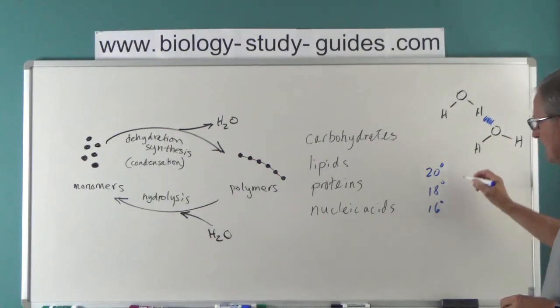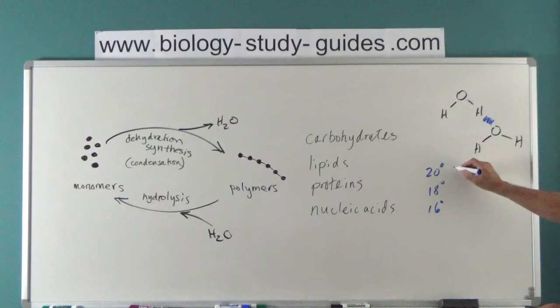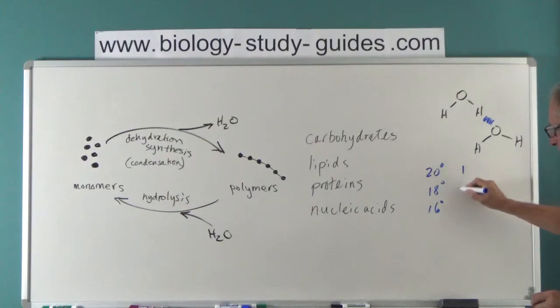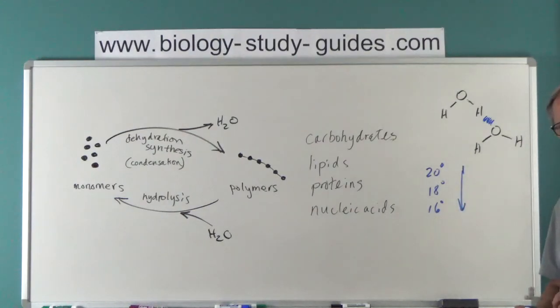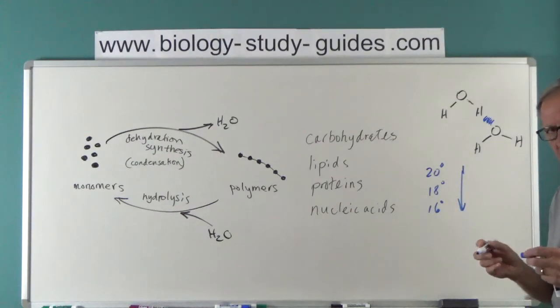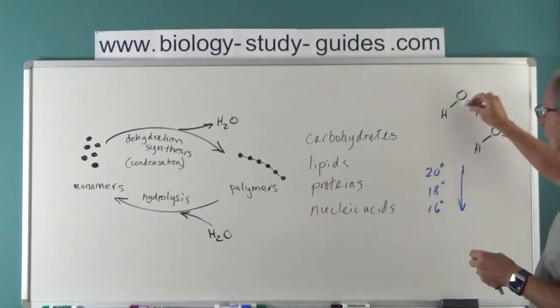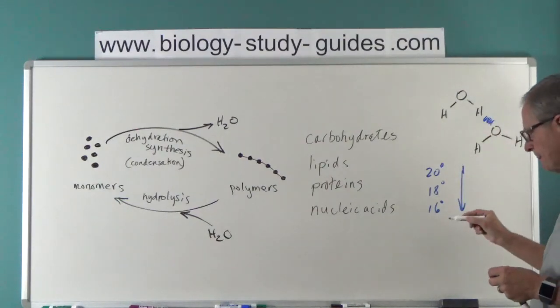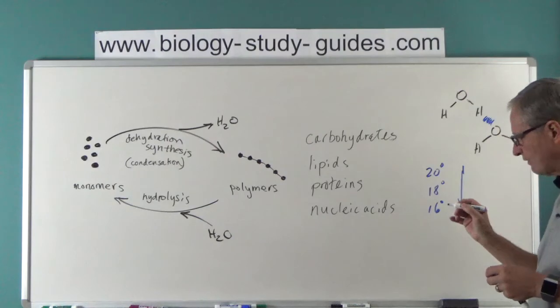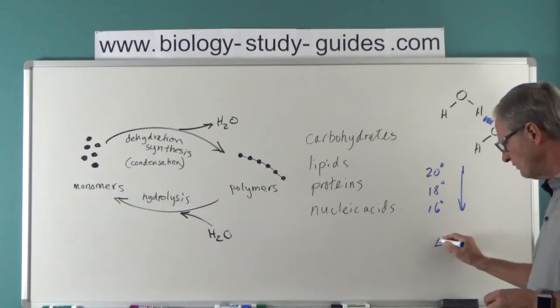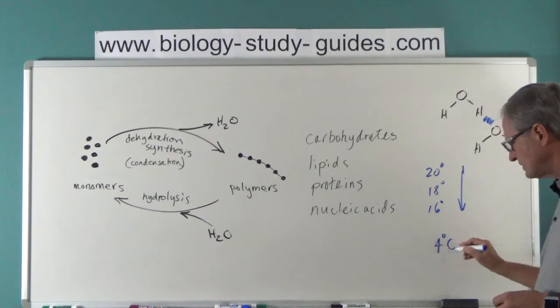The water molecules are getting closer together, so the water is increasing in density as the temperature goes down. Increasing density means the water is going to sink. Colder water sinks.